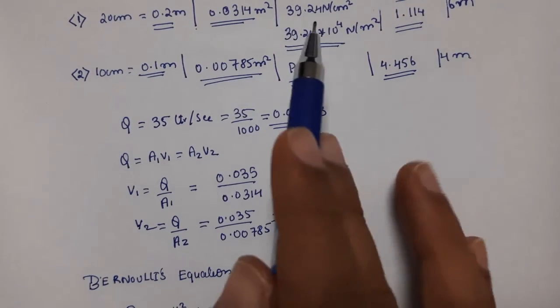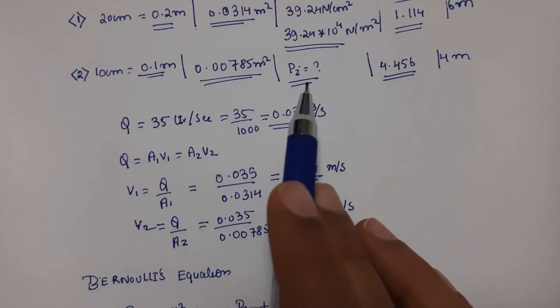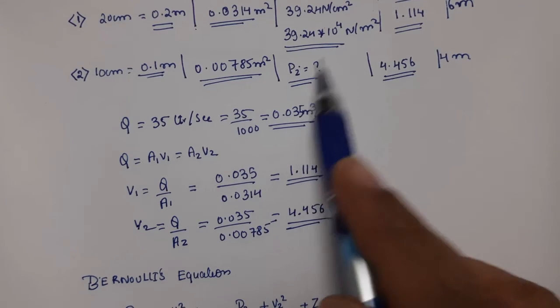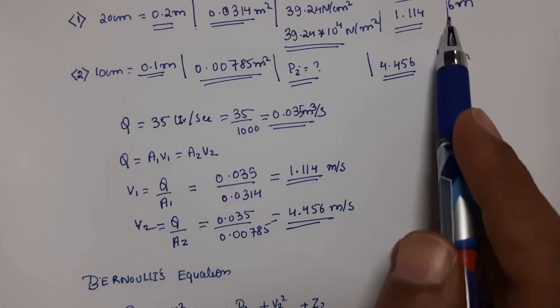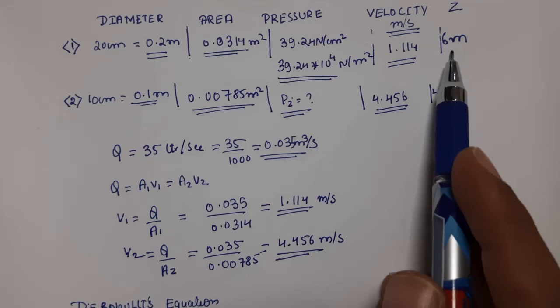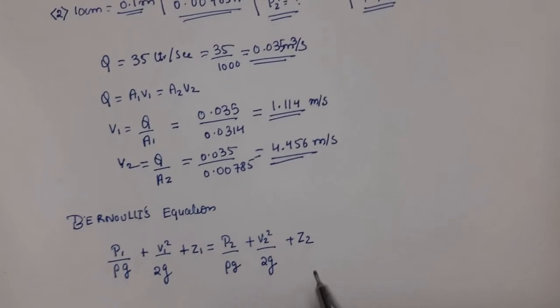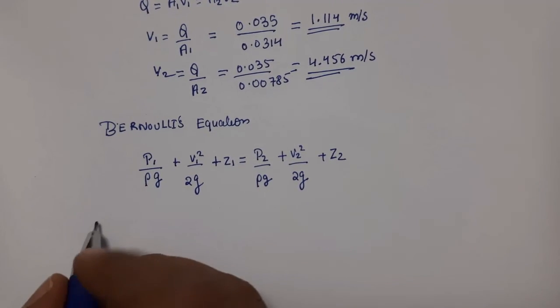Substituting all these values, that is P1, P2 is not given here, you need to find P2, then the velocity as well as the Z value.